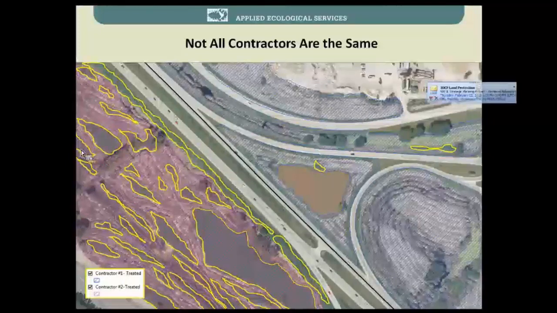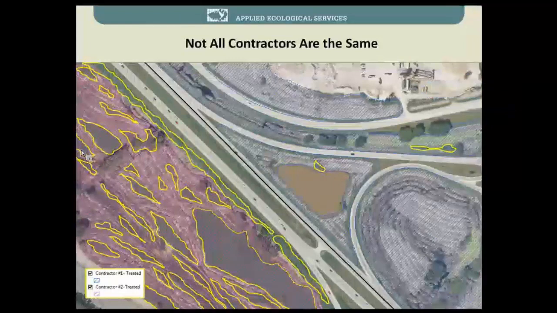What's interesting about that patchiness, as opposed to the patchiness created by the septa that don't allow herbicide translocation in the rhizomes, is that you're getting plants that are not isolated remaining, and colonies that are not isolated remaining, with the imprecision created by either the contractor or the equipment the contractor is using.